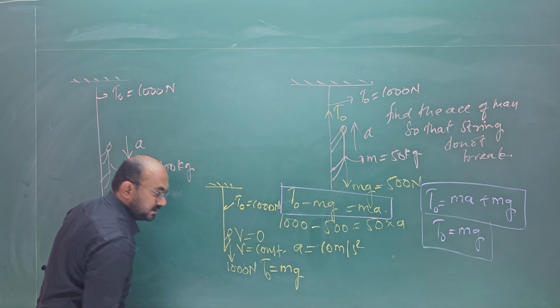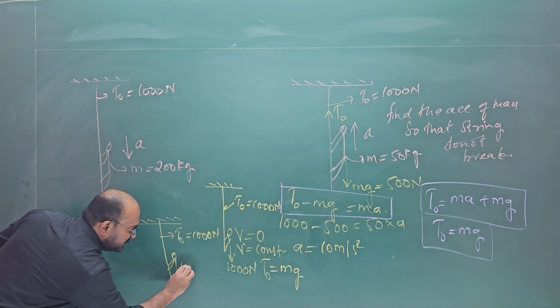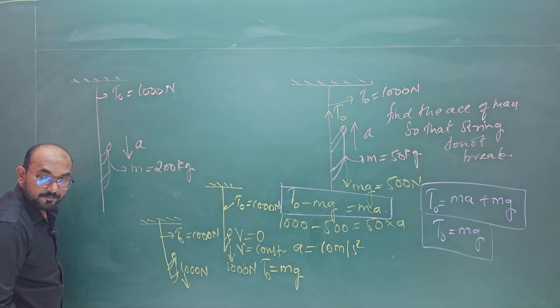But the same person of the same mass, if he is accelerating, like this. Again, T naught is 1000 Newton, and this same person of 100 kg gives 1000 Newton downward. Tension is 1000 Newton.